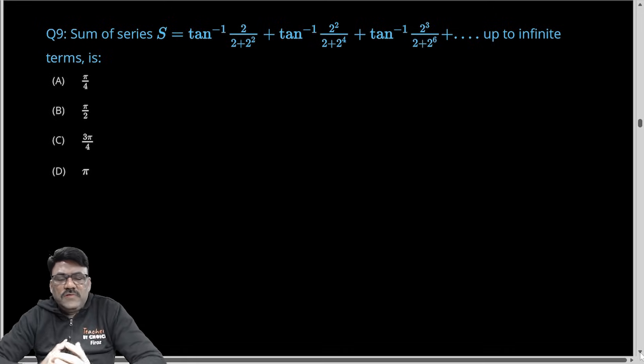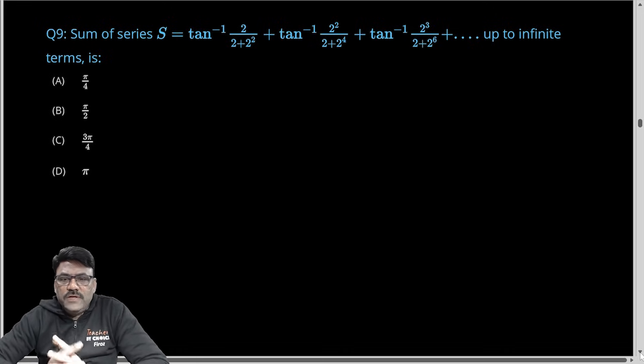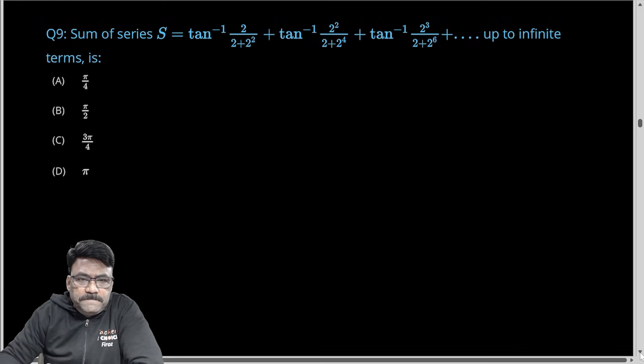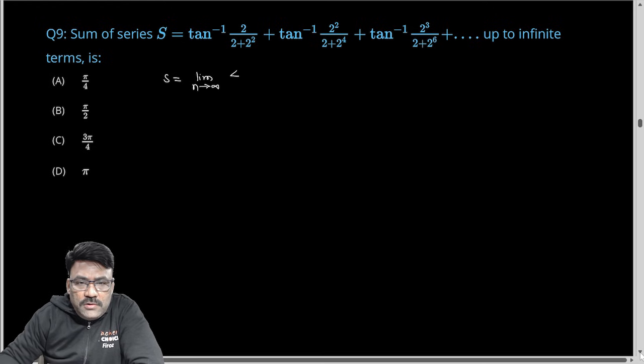See this question. This is from ITF, inverse trigonometric functions, based on infinite series. So you have to find the sum of this infinite series. I can write this sum in sigma form as limit n approaching infinity, sigma r varying from 1 to n, tan inverse.